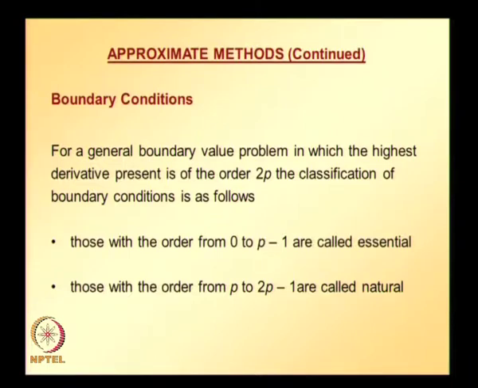So, p is equal to 1 in this case, so those of order 1 are natural boundary conditions. If you see the boundary conditions given for the problem, derivative of u with respect to x along C2 is given as 1. So, that is going to be the natural boundary condition. So, this is how we classify boundary conditions.